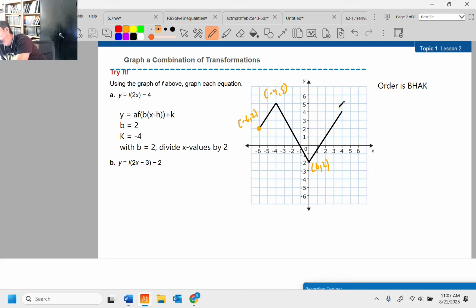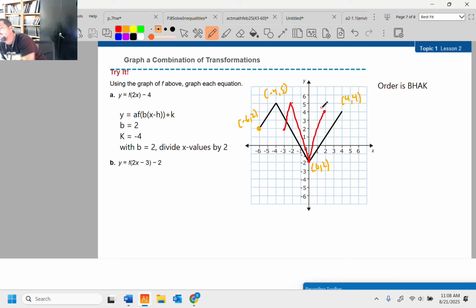And I'll cut this one in half. That's at 4, 4. Now if I cut the x values in half, this becomes negative 3, 2. This becomes negative 2, 5. 0, 2 is still going to be 0, 2. But this becomes 2, 4. And that's the first transformation.